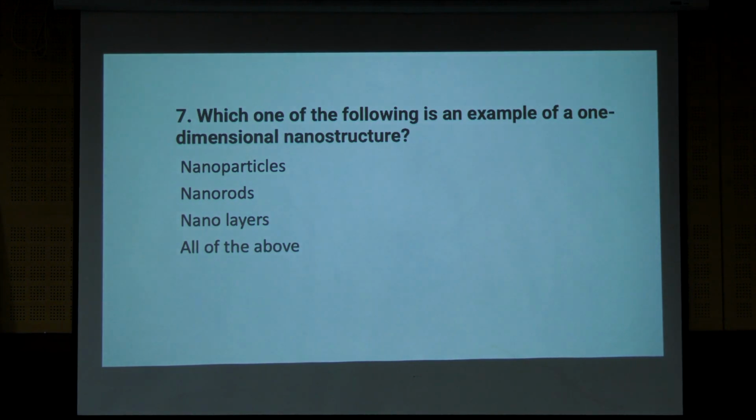It can only extend in one direction. It cannot extend, expand, or grow in another two directions. Only one direction, so it is one dimension. And what is the example? Nanowires, nanorods.